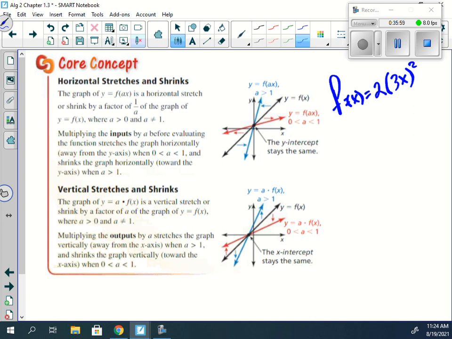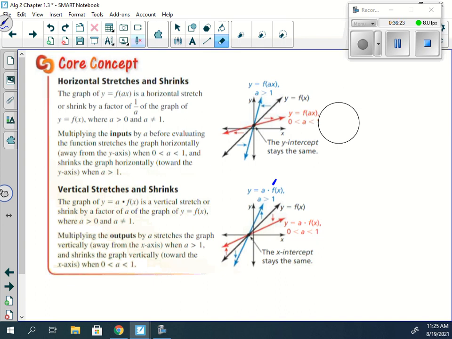We have to have the 1 over a. So that means it's a horizontal stretch because it's between 0 and 1. It's not by a factor of 3, it's a factor of 1/3. So it's one more thing to try to keep track of in all the stuff that we're doing in this chapter anyways. I don't mess with it. We don't mess with this part here.